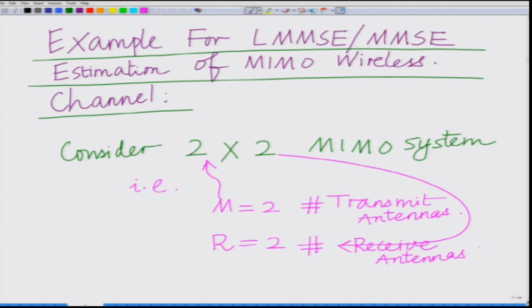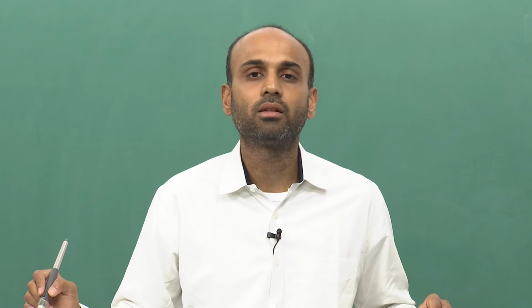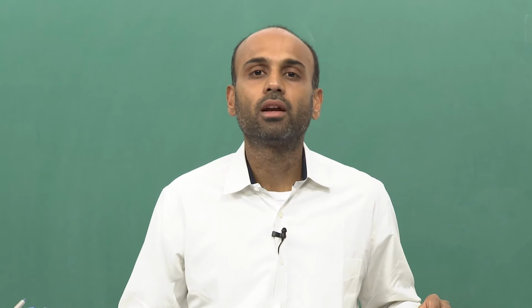So, we have a 2 cross 2 MIMO system, where M is the number of transmit antennas and R is the number of receive antennas. This is a 2 cross 2 MIMO wireless channel.